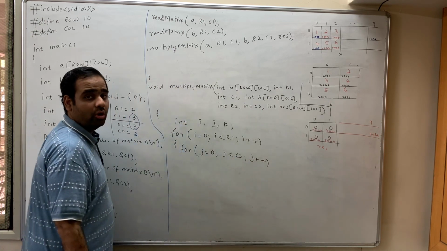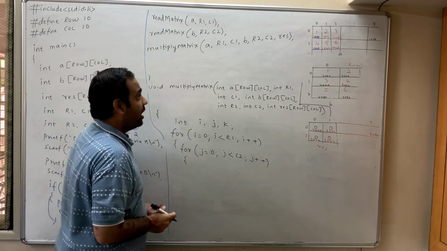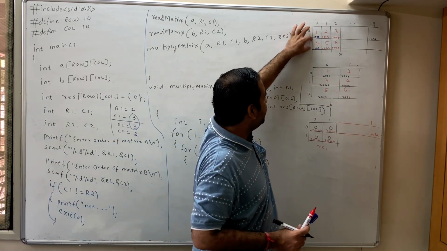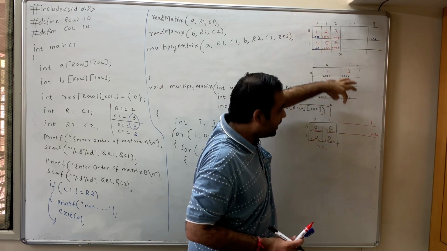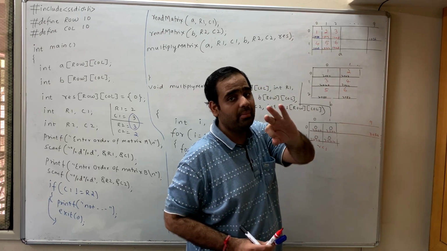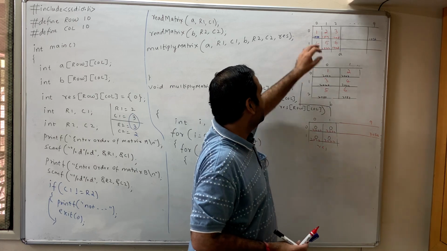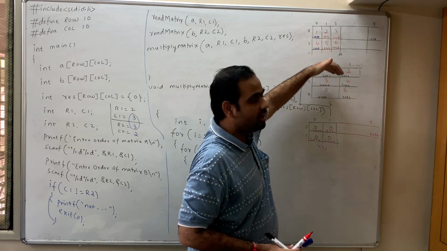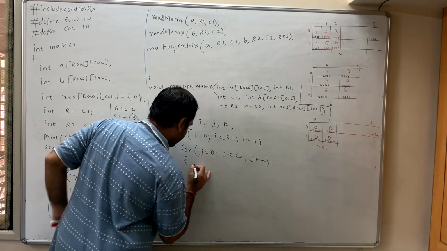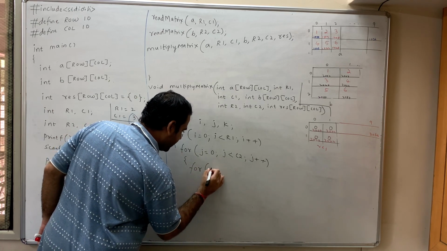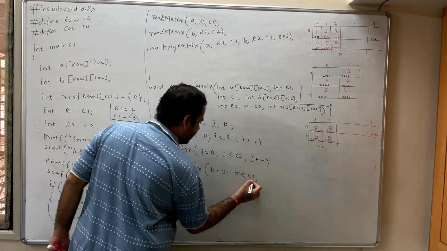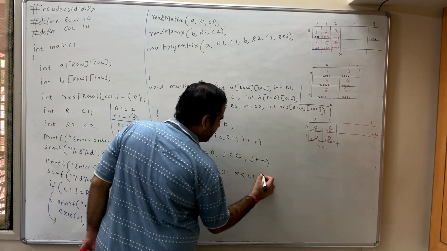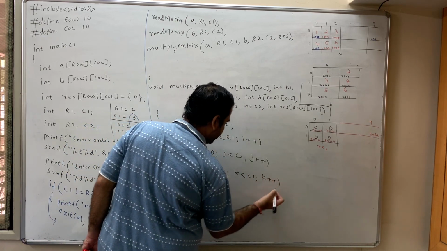Now, after I take each row of matrix 1 and each column of matrix 2, each row should be multiplied with each column, and we do 3 multiplications because there are 3 columns or 3 rows. Hence, we say for k is equal to 0, k less than C1, or you can take R2 as well over here, and we say k plus plus.